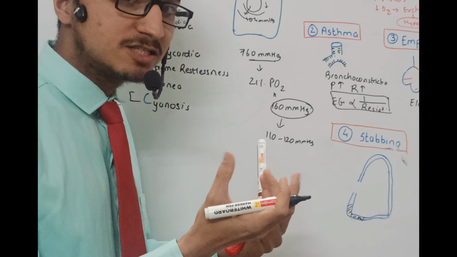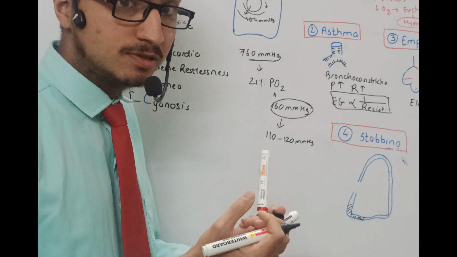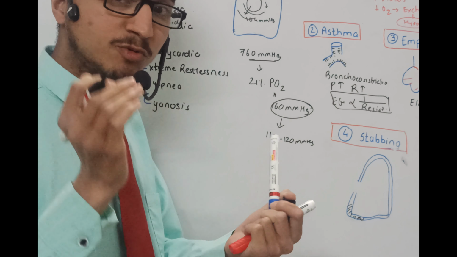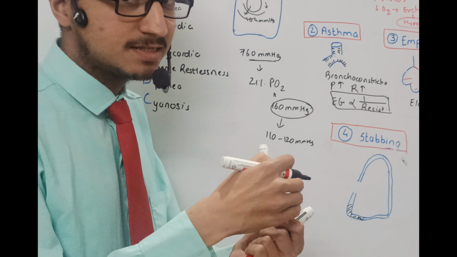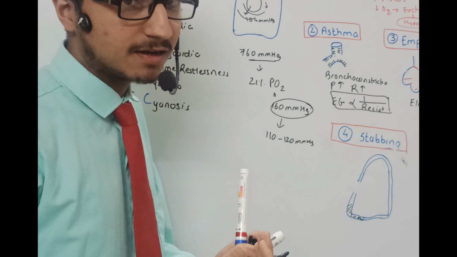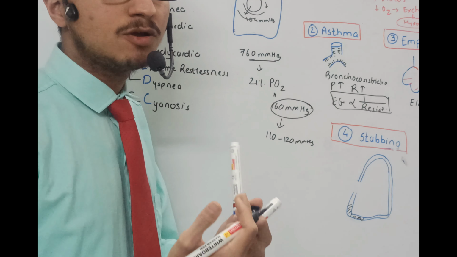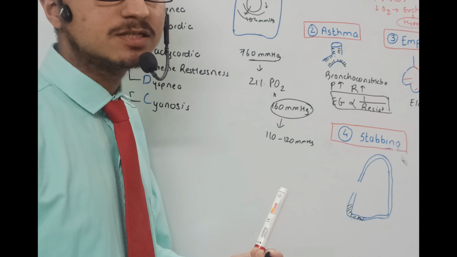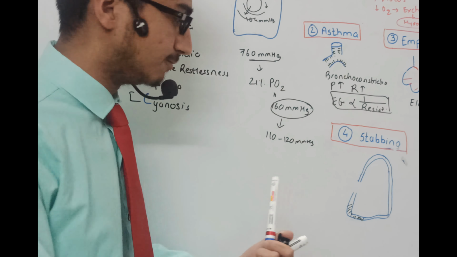Ultimately, alveoli starts collapsing. And as soon as the alveoli starts collapsing, the oxygen which is moving inside will get resistance, and ultimately it leads to hypoxemia, that is inadequate availability of oxygen to the blood and ultimately unavailability of oxygen to the tissue, which leads to hypoxemic hypoxia.